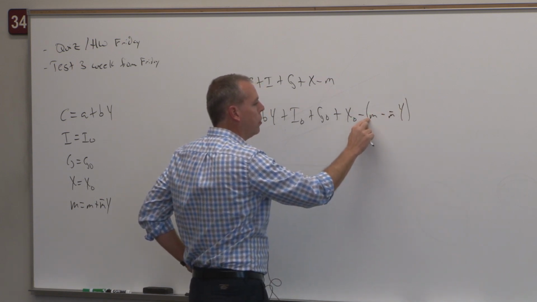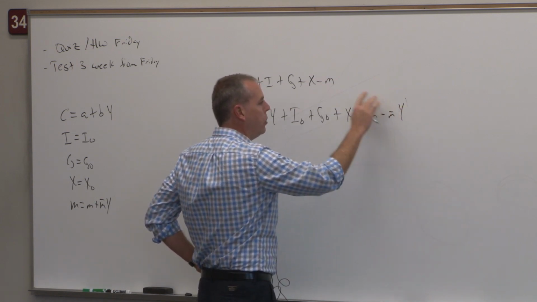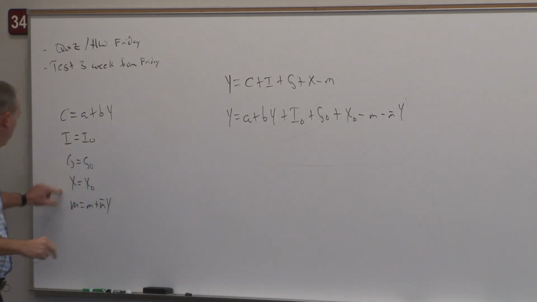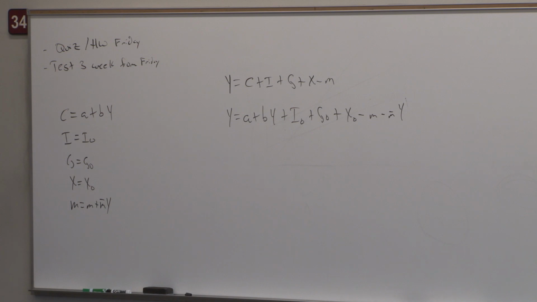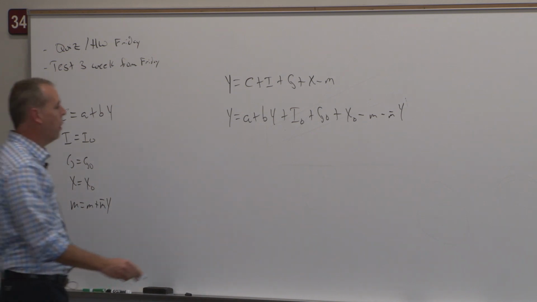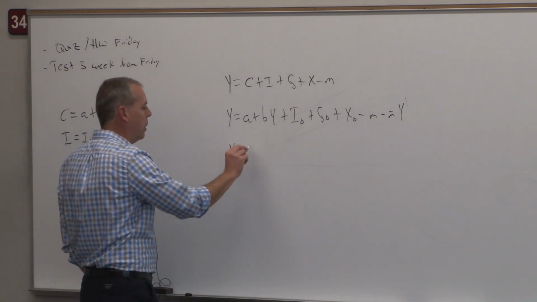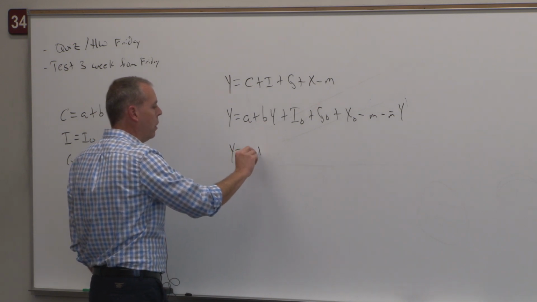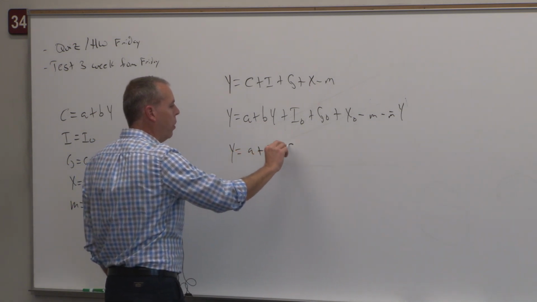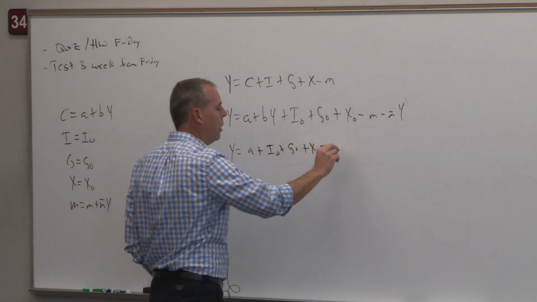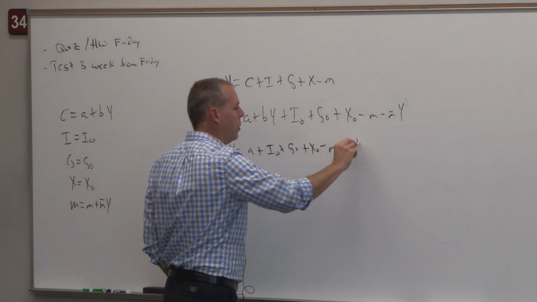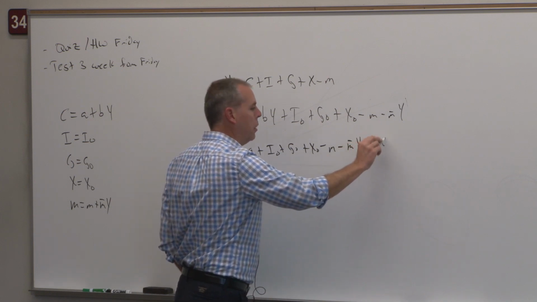Right? We know that this is occurring. We've taken these guys right here and just plugged them into here. And now all we got to do is get like terms together. Right? So we've got our Y here. A plus I0 plus G0 plus X0 minus m, right? Minus this M bar Y plus BY, right?